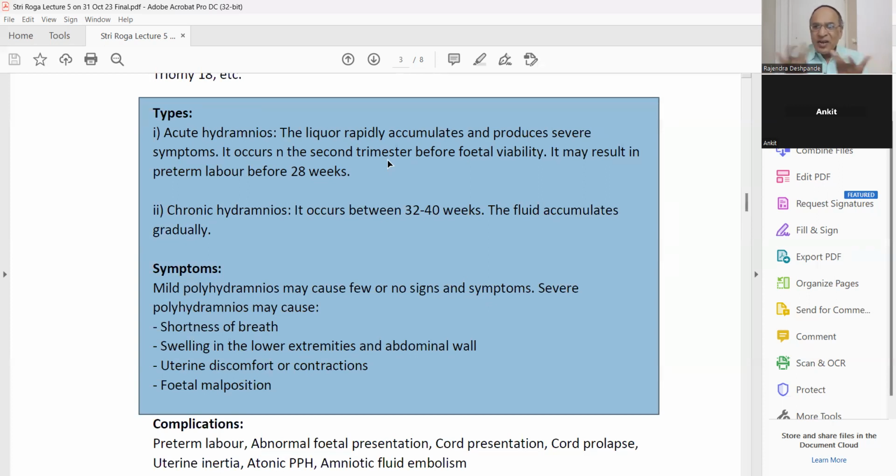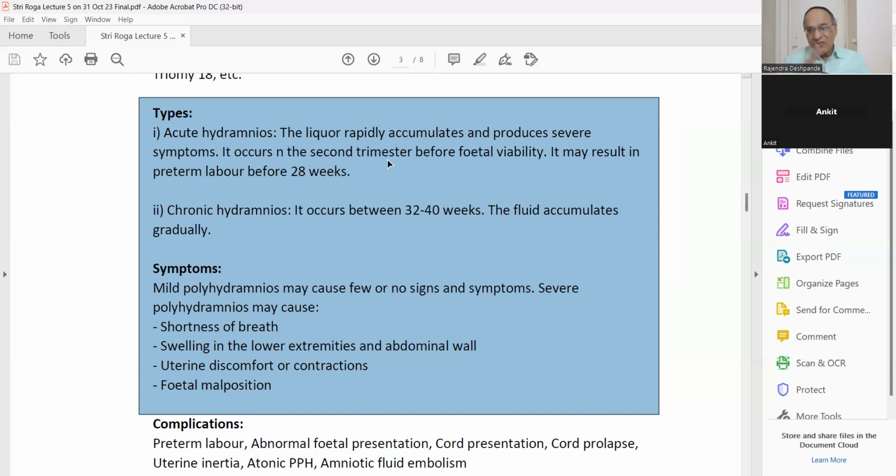Trimester. What is a trimester? In pregnancy, you know there are 9 months. Tri means 3, so there are 3 compartments. Please write down. First trimester is from the 1st month to 3 months.